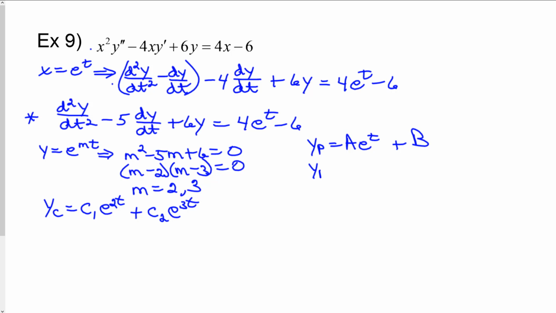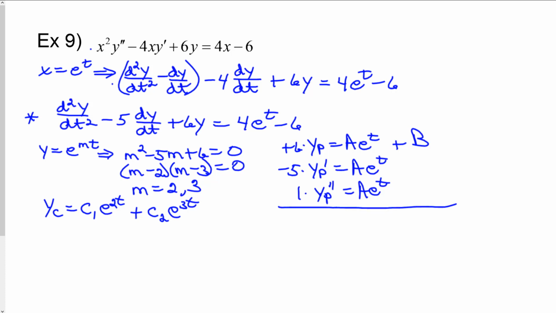First and second derivative. First derivative is a e to the t, derivative of b is 0, and then the second derivative is also a e to the t. And this differential equation says 1 times the second derivative minus 5 times the first derivative plus 6 times the original function has to add up to the right-hand side, 4e to the t minus 6.